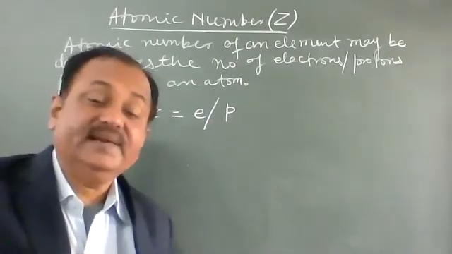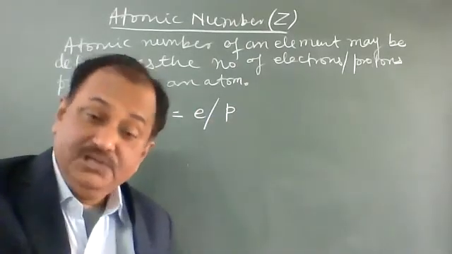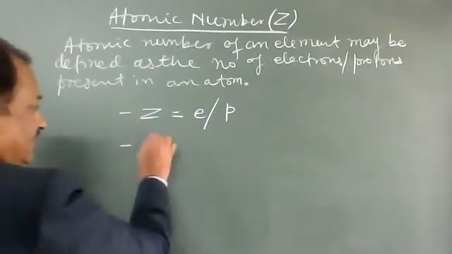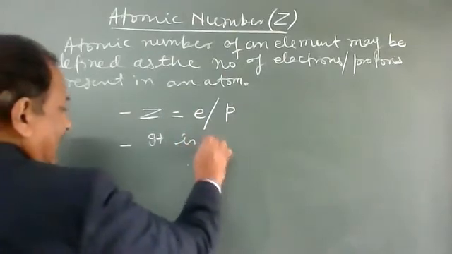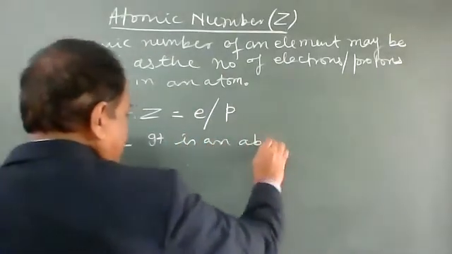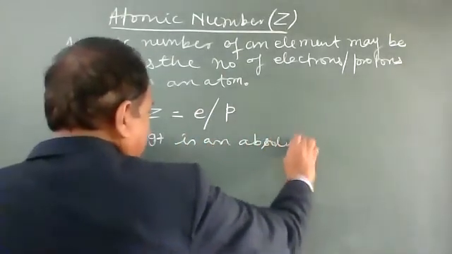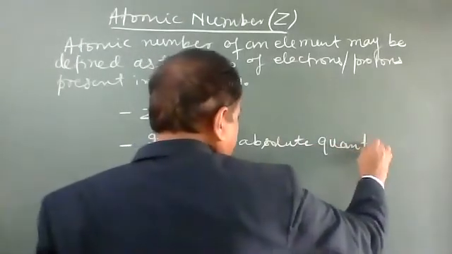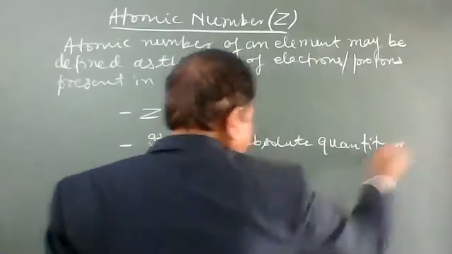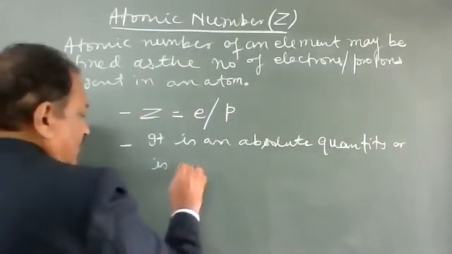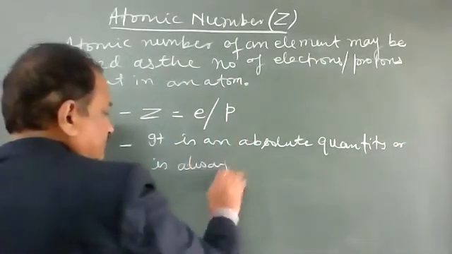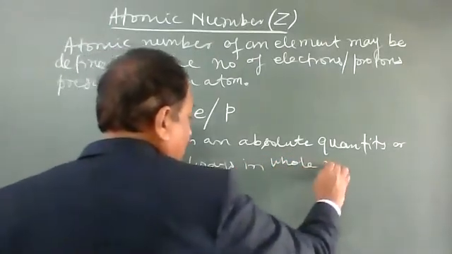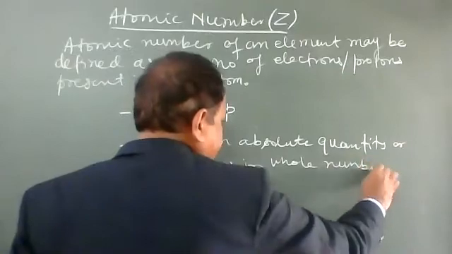Now, atomic number is an absolute quantity. This is the first point. The second point is that it is always a whole number.